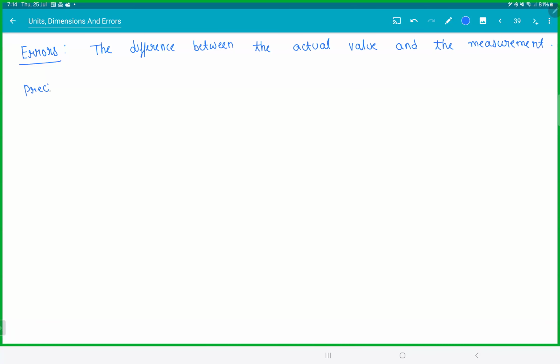Now, there are two more words which we keep using. One is precision and accuracy. Precision says how close the measurements are. I'll tell you what it means. So precise doesn't mean you're right.